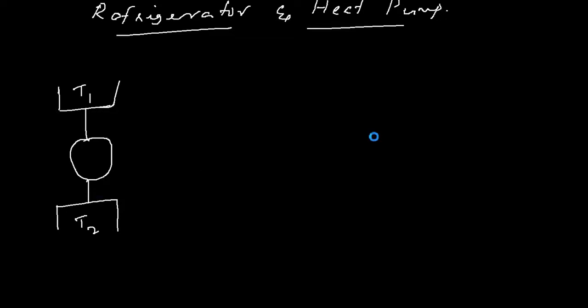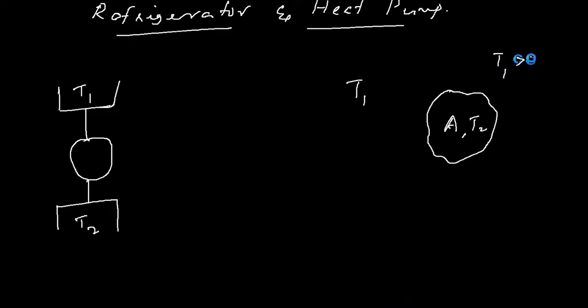Say you've got a body A here, which is at T2, and its surroundings at T1, where T1 is greater than T2, then you will always have a heat influx into the body which is at the lower temperature. So you will need to remove the heat that is coming into the body in order to maintain the body at the low temperature T2.